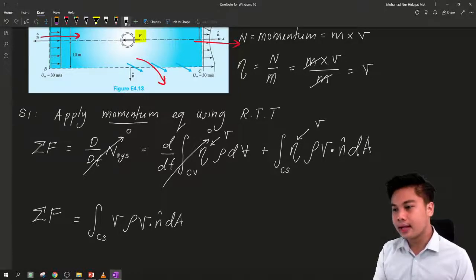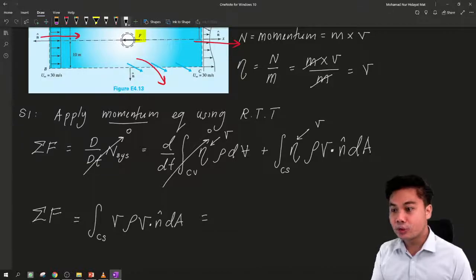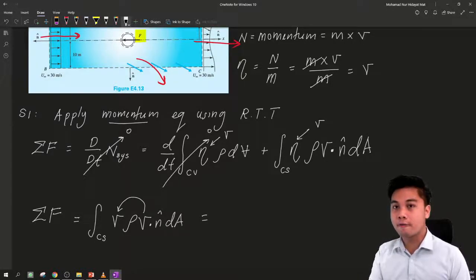In other words, we can actually replace Vn, which is the velocity perpendicular to the cross-sectional area. So Vn is V. V multiplied with V is V to the power of 2.